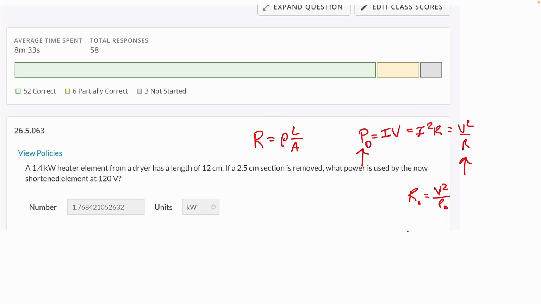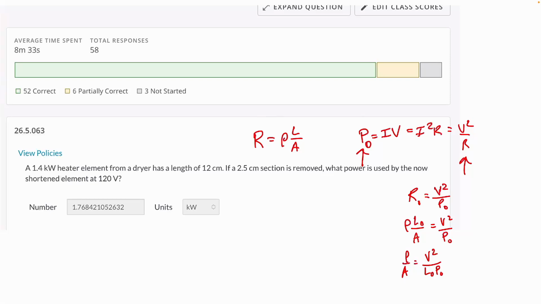This original resistance is equal to rho L naught over A equals V squared over power naught. So my rho over A is equal to V squared all over L naught P naught, right?